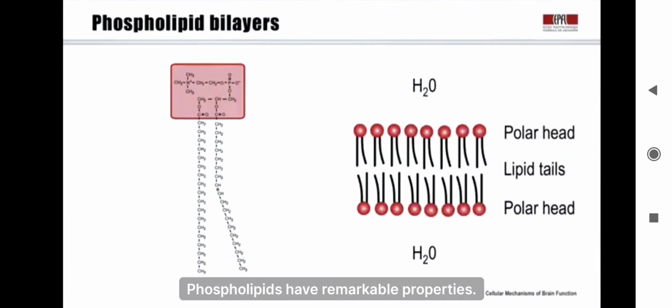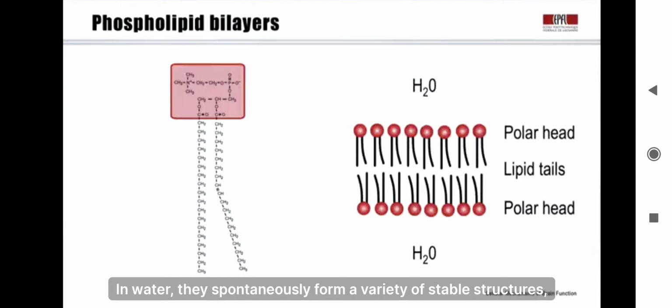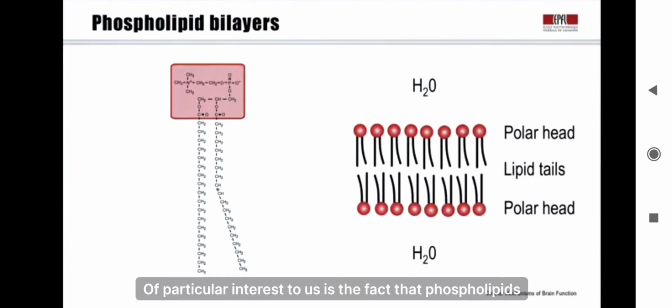Phospholipids have remarkable properties. In water, they spontaneously form a variety of stable structures, a bit like droplets of oil in water. Of particular interest to us is the fact that phospholipids spontaneously form planar lipid bilayers in water.